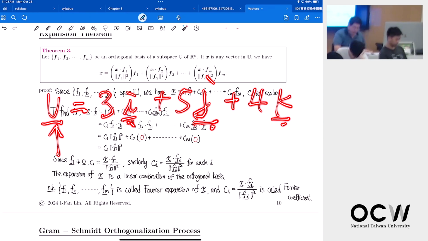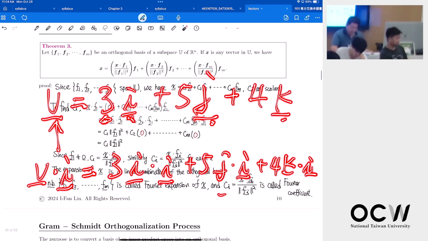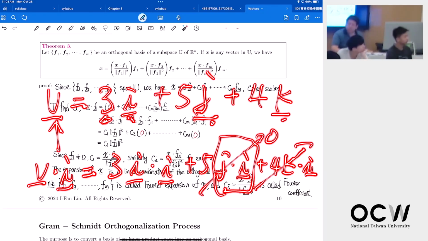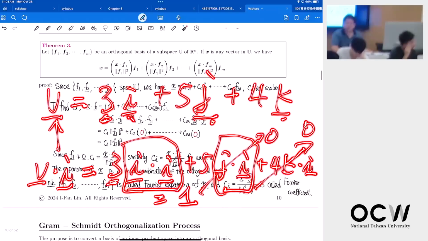And then to get the coefficient 3, how do you get 3? V dot product i. Because V dot product i is 3i dot i plus 5j dot i plus 4k dot i. Because they are orthogonal, this is 0, this is 0. And i dot i, this is a unit vector, so the norm is 1. Then I get the coefficient.